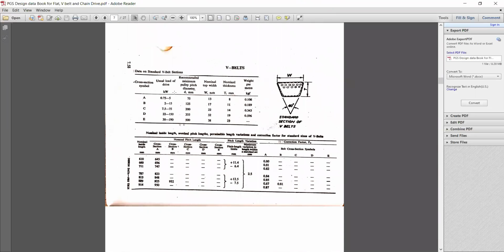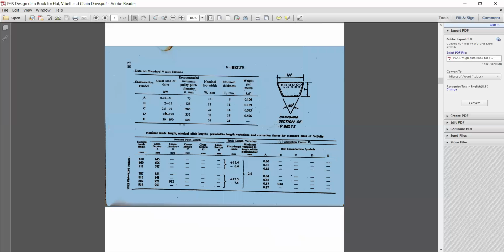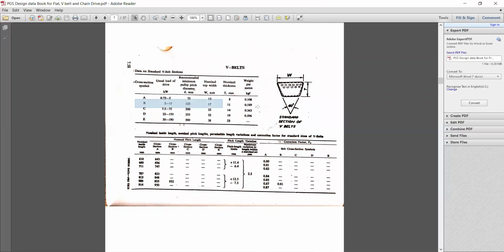Here it is shown. The appropriate cross section can be found based on the design load. Our design load is 10 kilowatt, which is between 2 kilowatt and 15 kilowatt. So that's why we are selecting cross section B for the V belt.